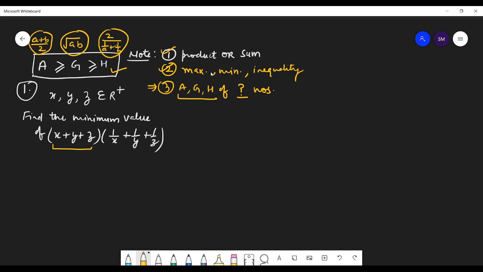So these are the three things which tell you that you need to use this inequality. Before using this inequality, you have to decide whose arithmetic, geometric and harmonic mean you are supposed to take.